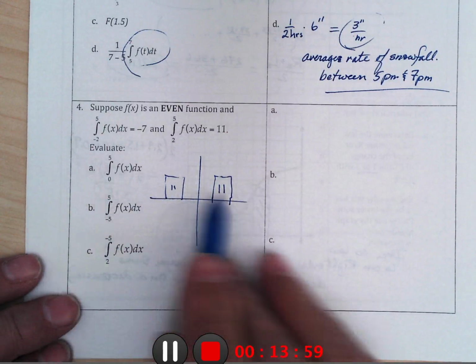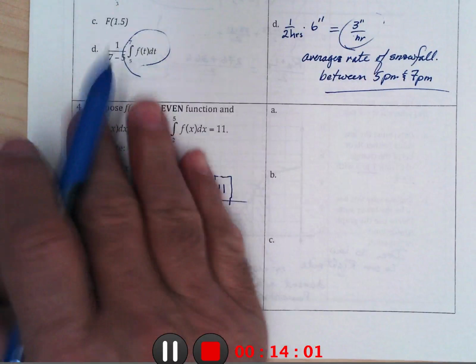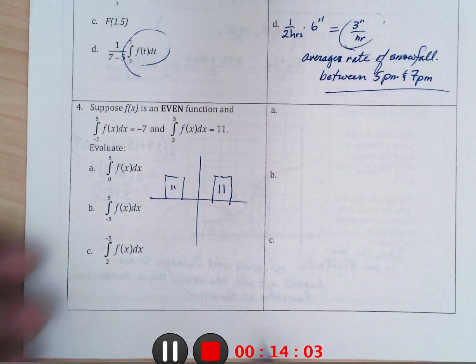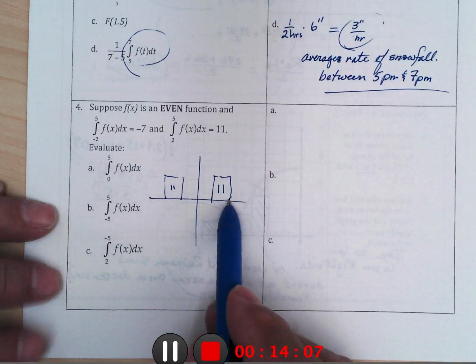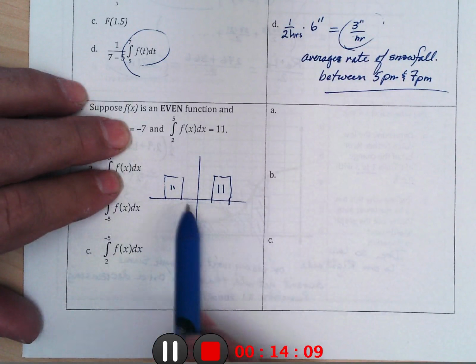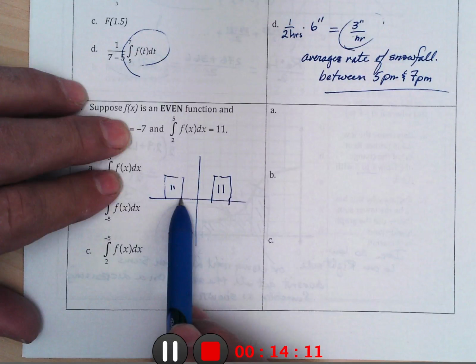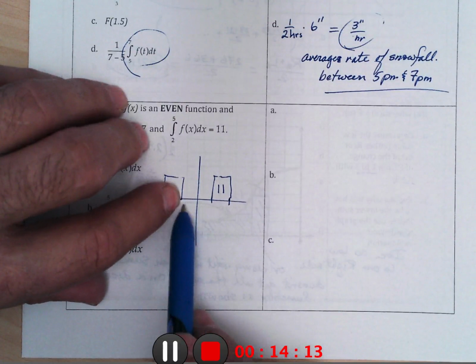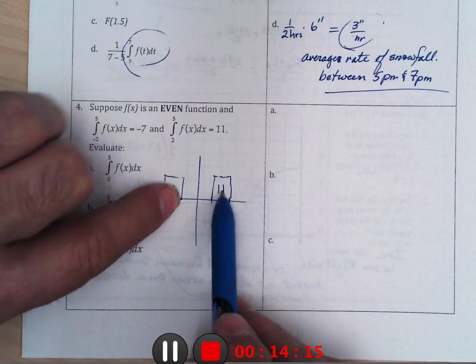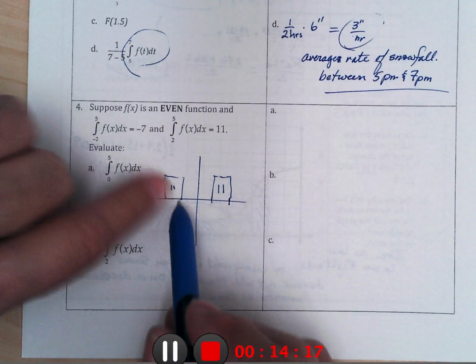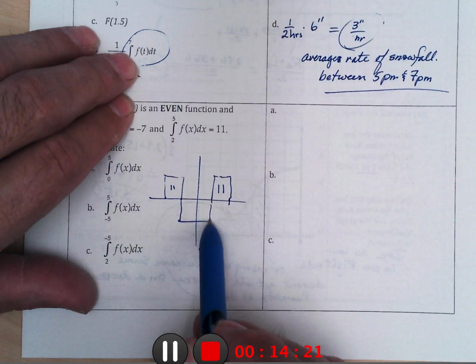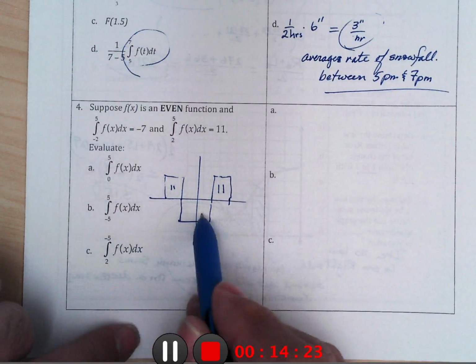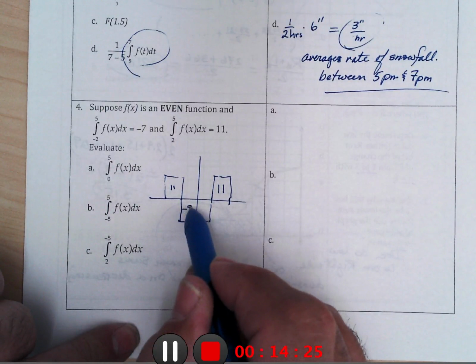It's symmetric. It says between -2 and 5, there was -7 inches. So if this plus 11 is -7, there must be -18 in here. And if it's even on both sides, it must be -9 and -9.